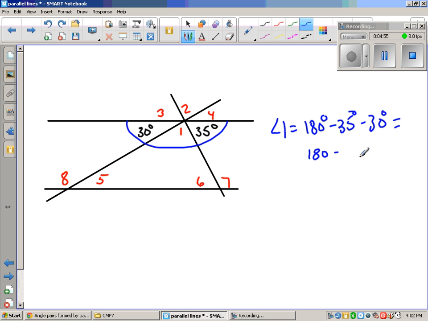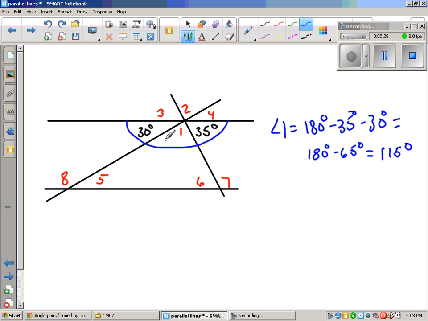So that equals 180 minus 65 degrees, which is equal to 115 degrees.